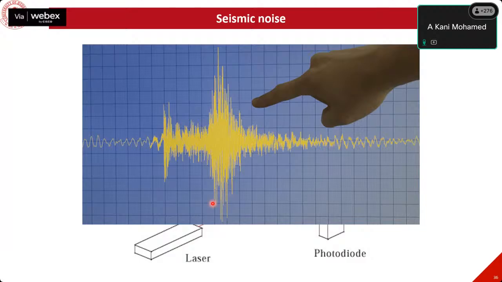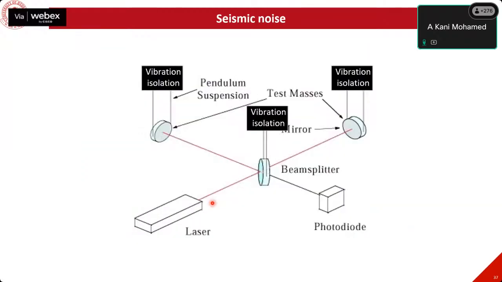So we have to exclude the seismic noise or any vibration that's coming from the ground or anything which is moving around the observatory. What they use is a very good vibrational isolation for all the components that they keep inside the observatory.